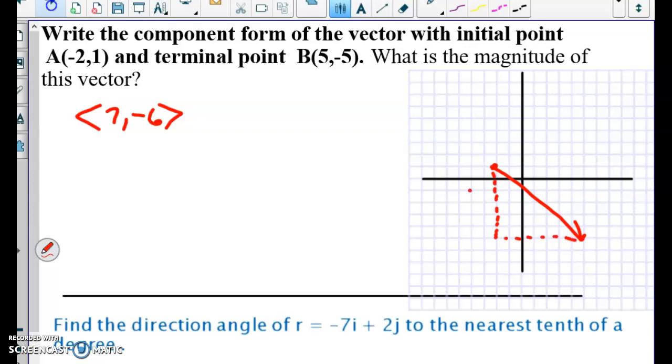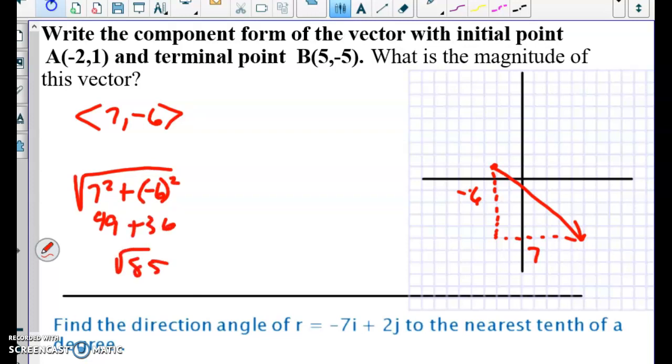This is a movement of 7 that direction and negative 6 that direction. If you're going down, down is a negative direction. And for finding magnitude, it doesn't really matter because all we're doing is squaring both of them, so negative or positive doesn't matter. 49, 36, 85. So my magnitude is root 85.